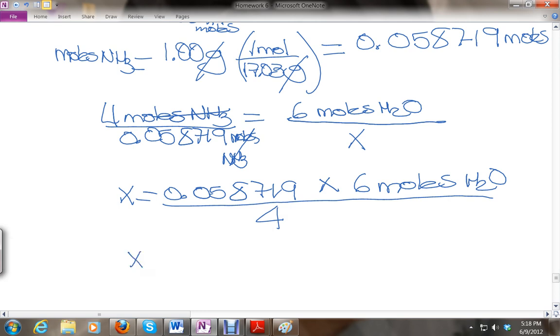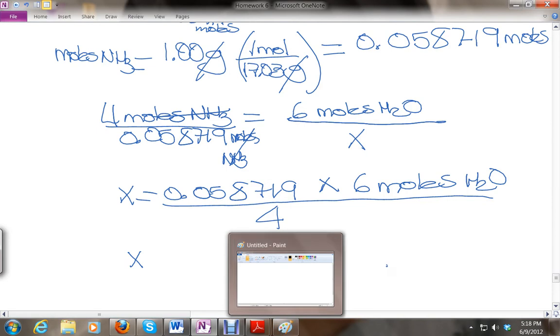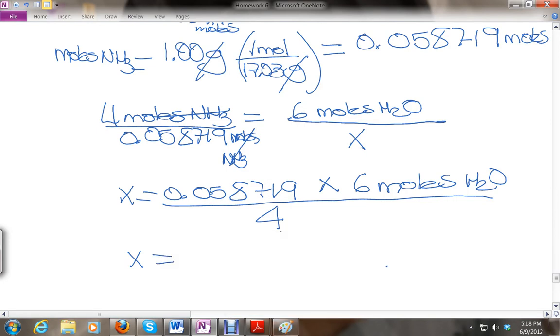And this is going to give you, equal to, 0.0881 moles.